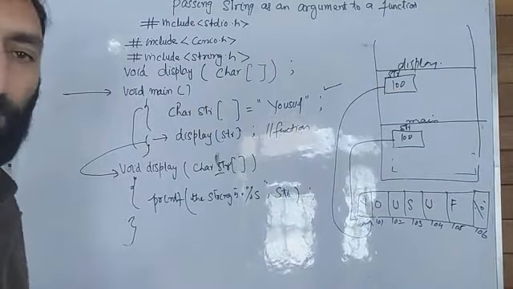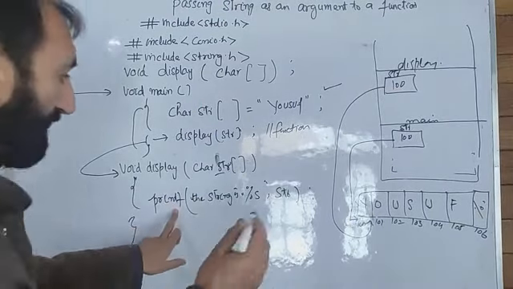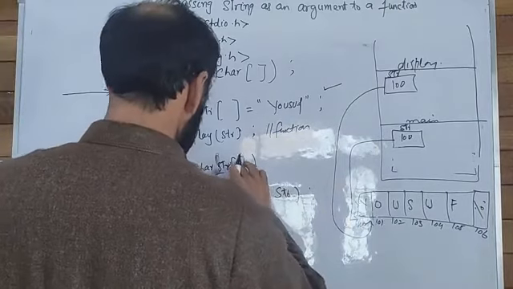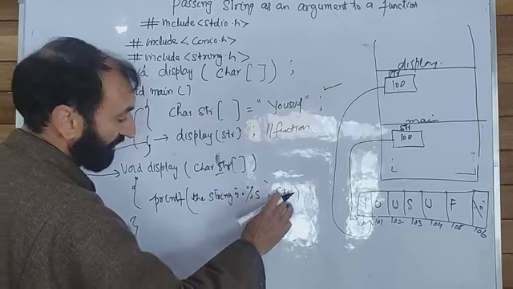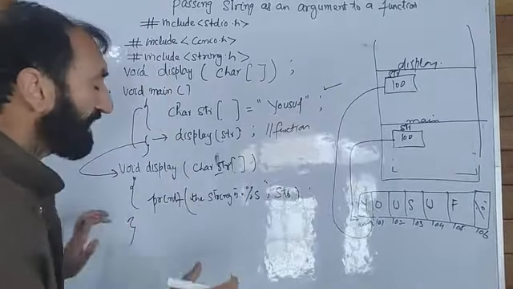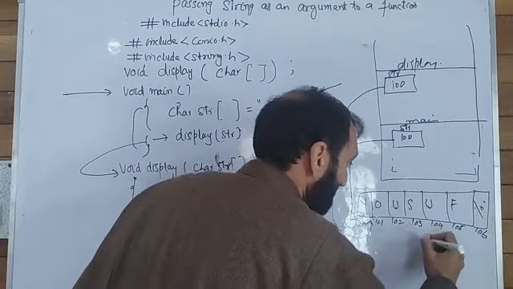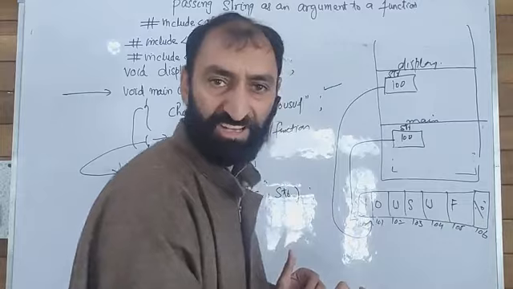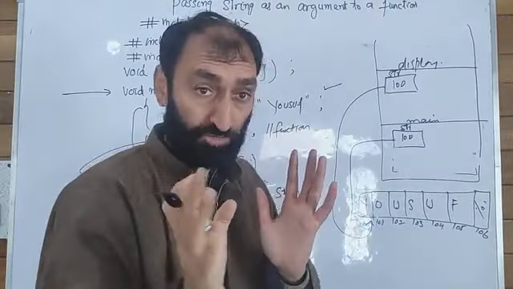After that printf of STR, that means this address of the first byte, 100, will get printed. The format is percentage x. With this address we are going to access this character array, this string.